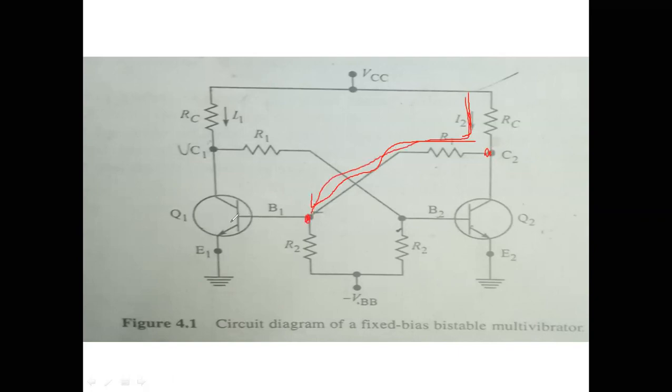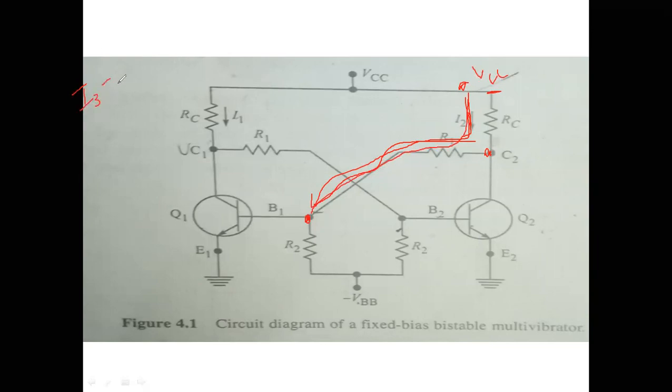VBE of the off transistor. Here the voltage is VCC. If I want to know this current, at this point we have VCC, and at this point we have the VBE voltage. Therefore, VCC minus VBE1, this is the first transistor, divided by RC plus R1. I can take this current as I3.